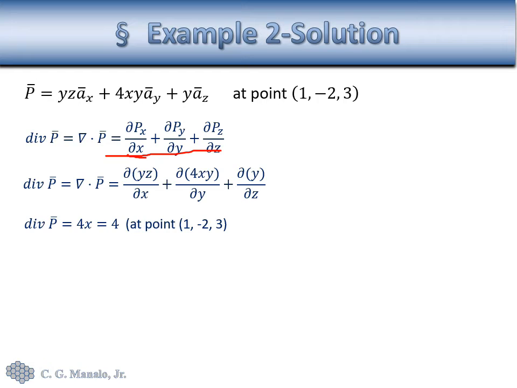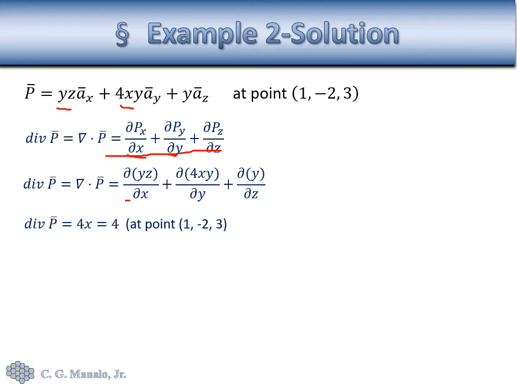The first term is simply the partial derivative of the x component of the vector field, plus the partial derivative with respect to y of the y component, plus the partial derivative of the z component of the vector field.